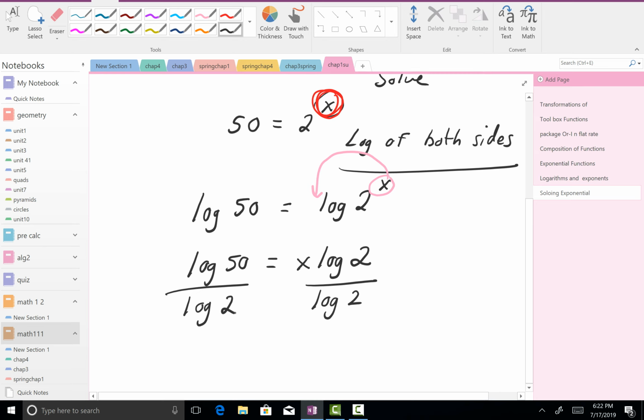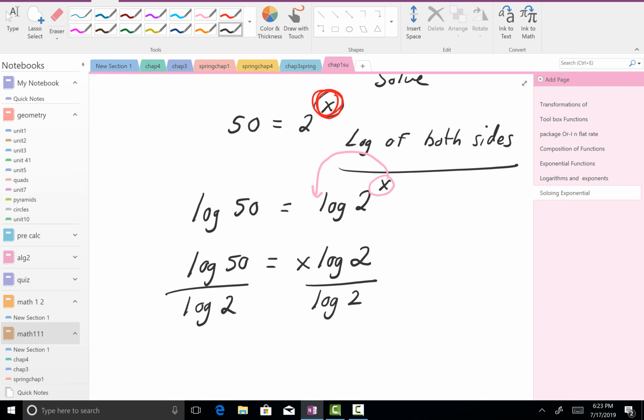Okay, so if you go into decimals and you go log 50 divided by log 2, and it spits out the answer, that's what x is. So you can solve these exponential equation problems by taking the log of both sides. So that works, but that only really works when this here is a variable.